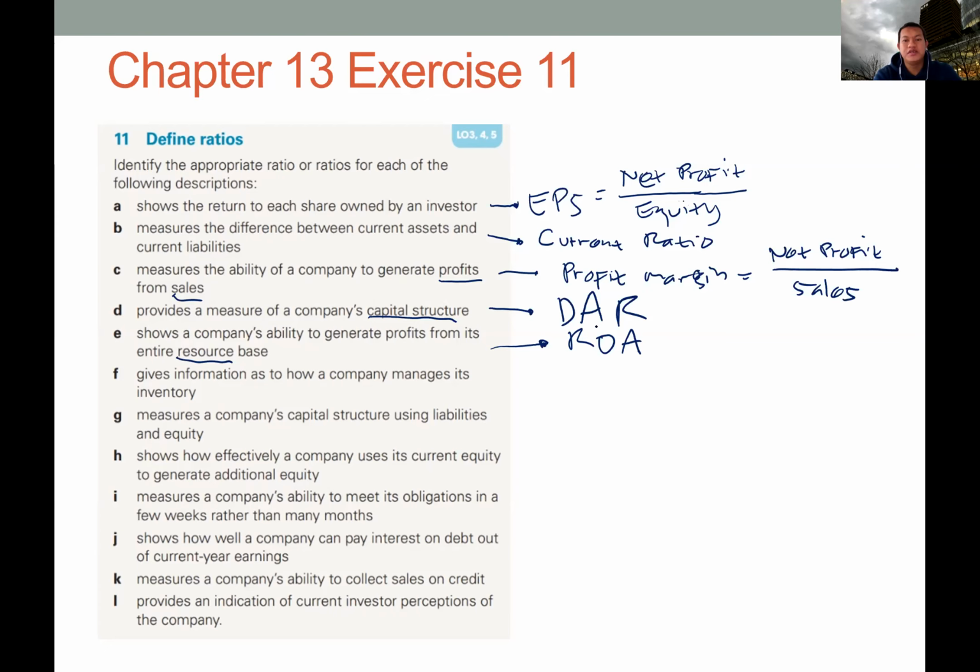So the net profit divided by total asset. And next gives information as to how a company manages its inventory. So how effectively the company manages inventory to generate more sales. So it's basically the inventory turnover.